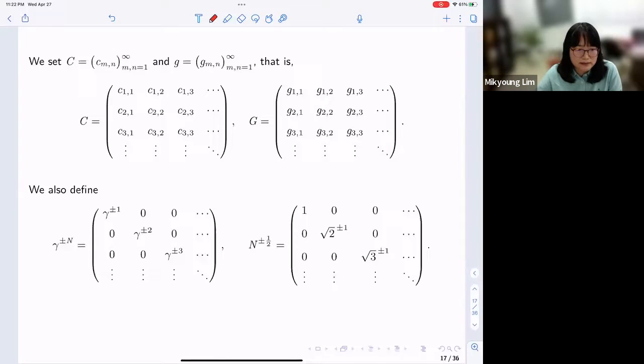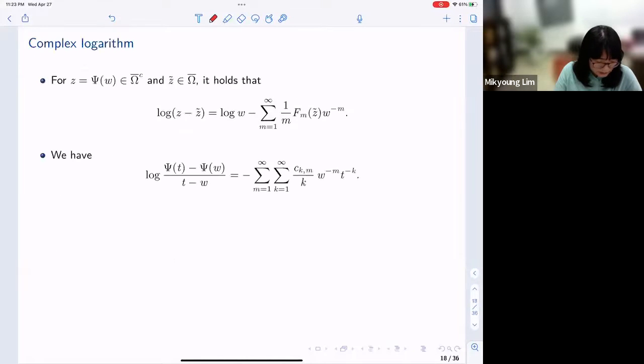Gamma to the plus or minus n has entries gamma to the plus or minus n, integer numbers, and capital N to the plus or minus 1/2 is a diagonal matrix whose entries are the square root of the integer, or 1 over the square root of the integer. So we define this C and G and diagonal matrices. They play an important role later.